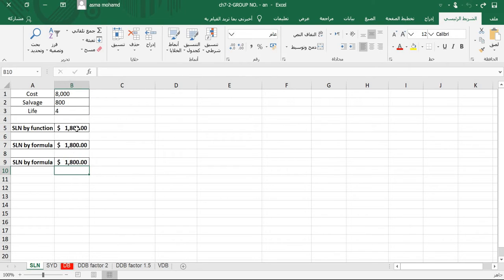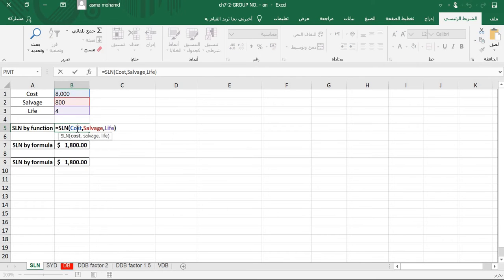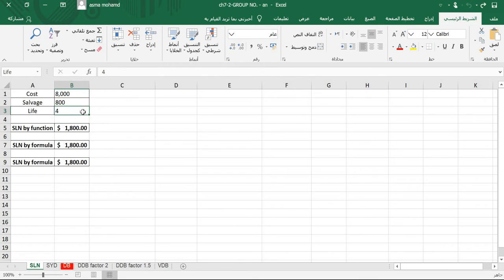Now, this is not the easy part. There is an easier way. Excel already has a built-in depreciation function called SLN, which stands for straight line method. And you simply enter the arguments, and Excel will do the work for you. So you will enter the cost, and then the salvage, and then the life.